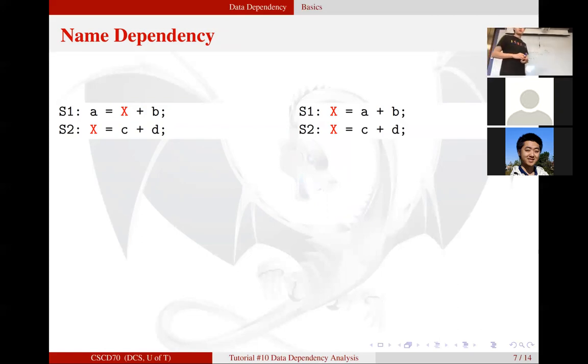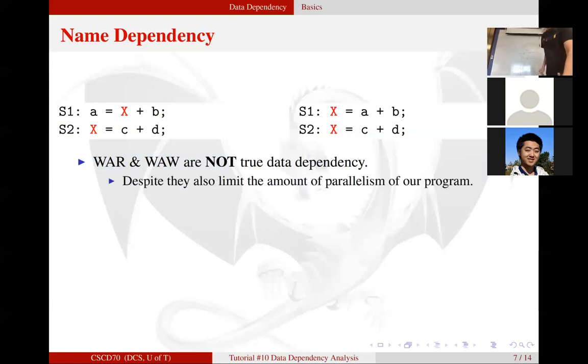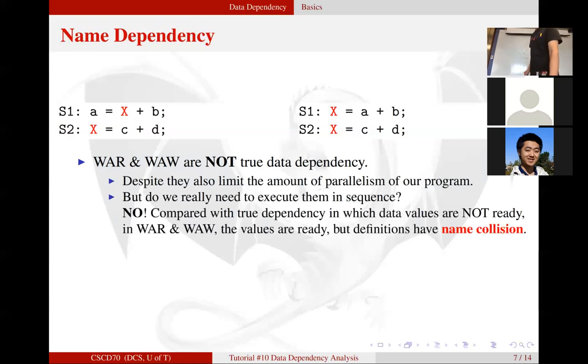Let us consider those two examples, write after read shown on the left-hand side and write after write shown on the right-hand side. Our key observation is that write after read and write after write are not true data dependencies. Why? The reason is because we do not need to execute them in sequence.